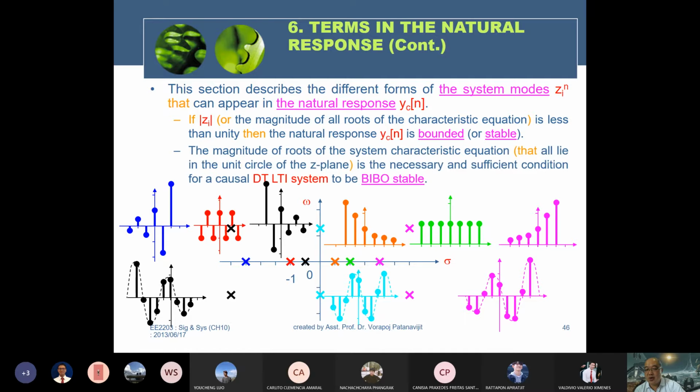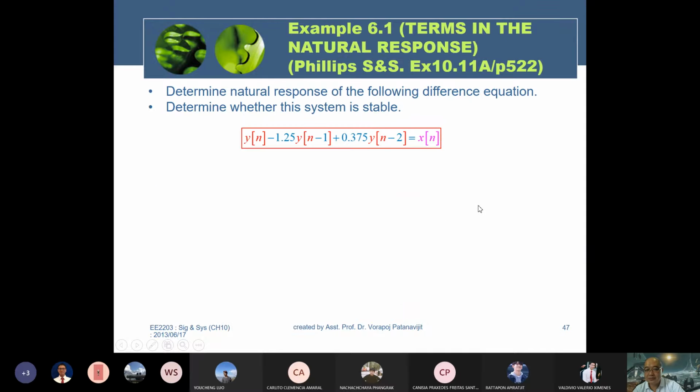The magnitudes of the roots of the system characteristic equation lying in the unit circle of the z plane is the necessary and sufficient condition for a causal DT-LTI system to be stable. It means if the absolute value of zi is less than 1, it is stable. You can check that.